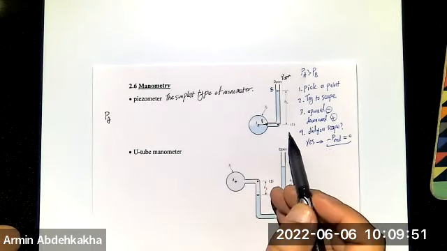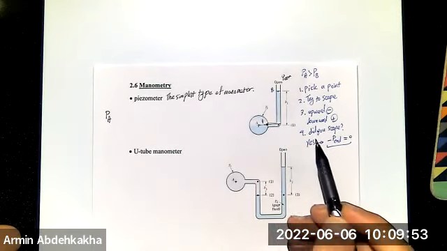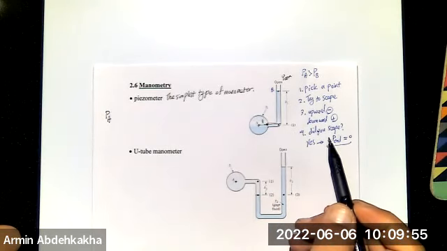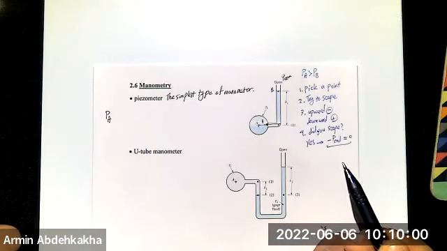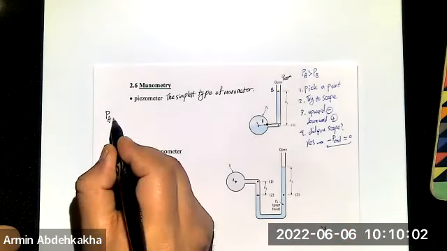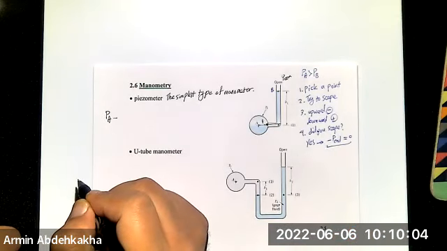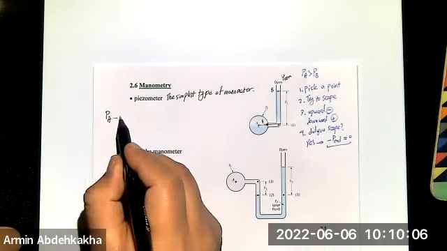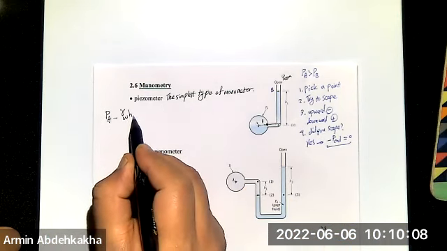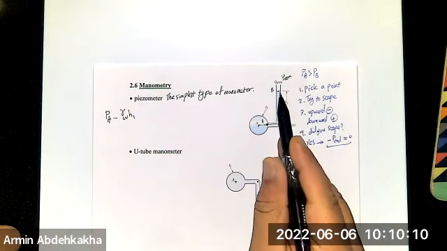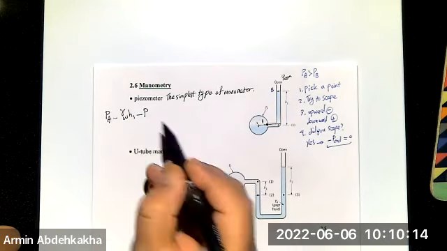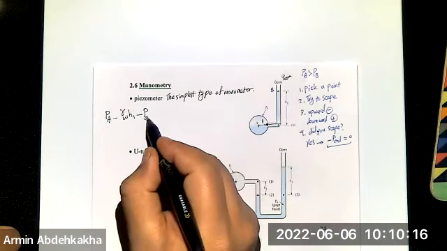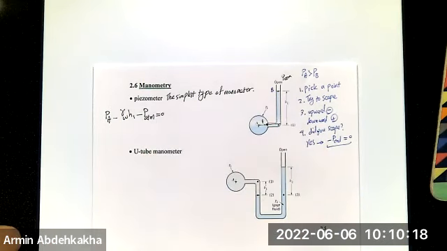These two are the same line, nothing changed. Then I'm moving from this point to point B. I'm going upward, yes, negative. What's the amount of it? It is gamma water times H1. Did you escape? Yes. When you're at the end, P of the end, which is atmospheric pressure, equal to 0.